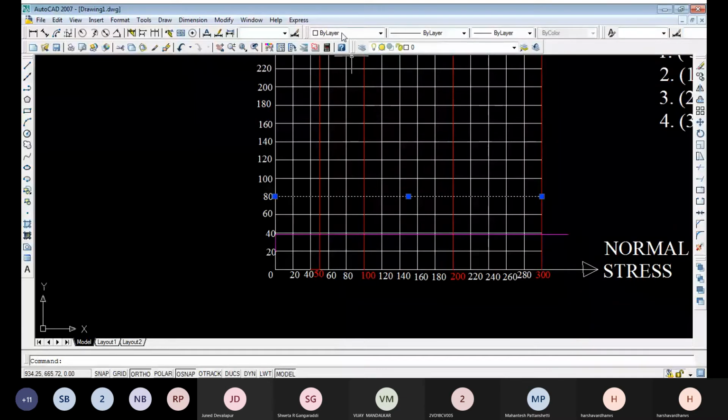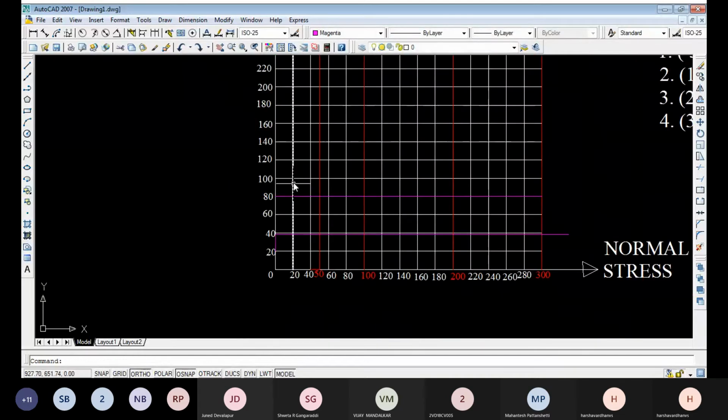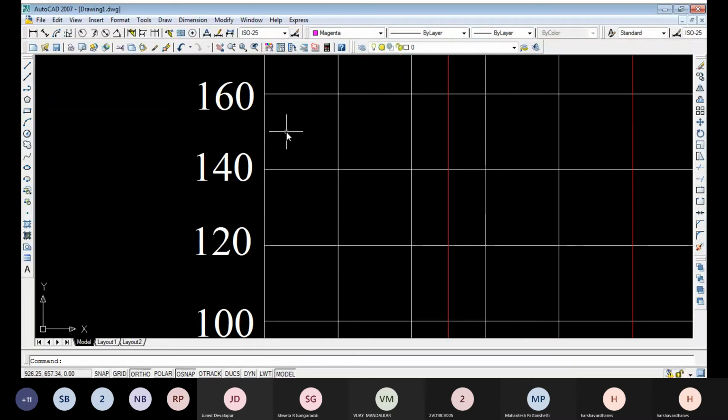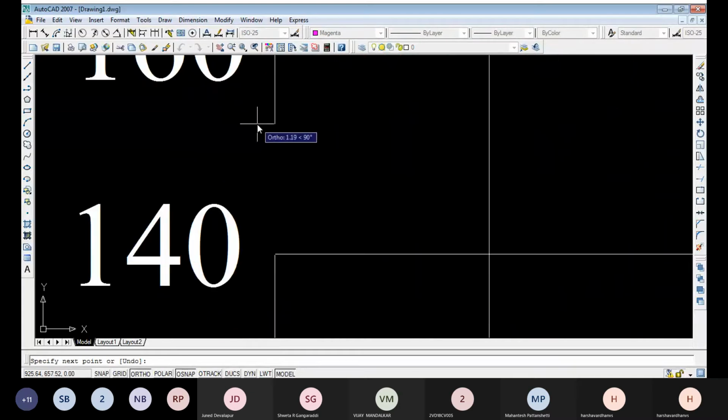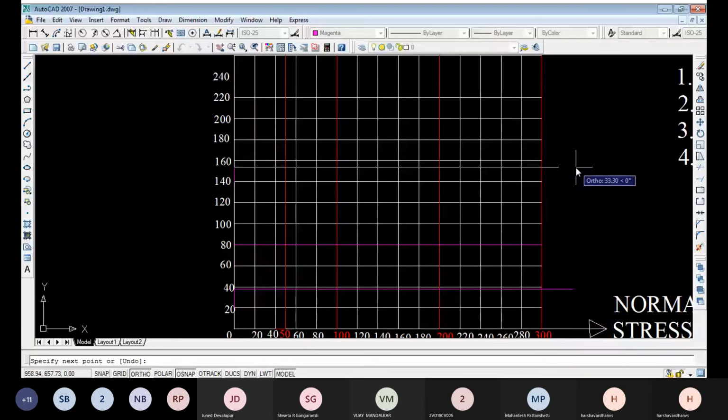So 80 is here. The next point is 154. So 154 is here.